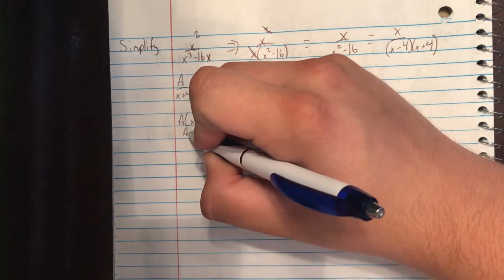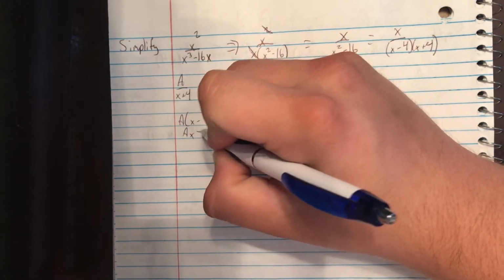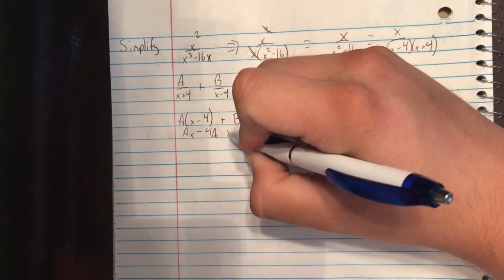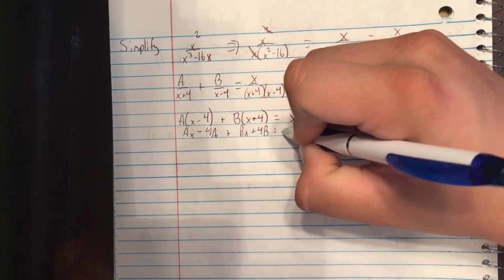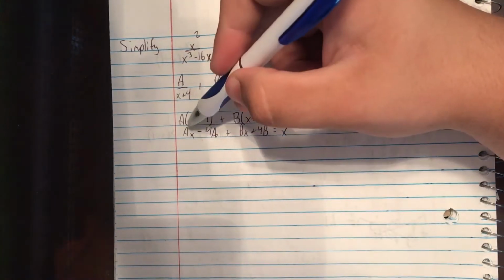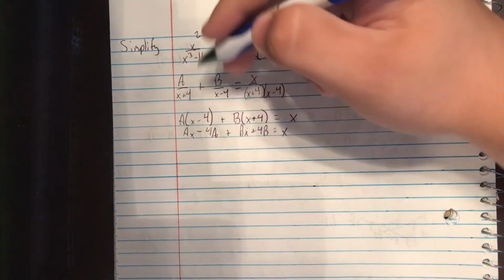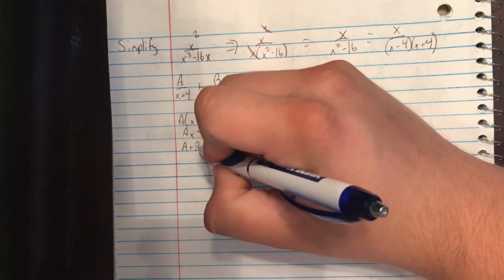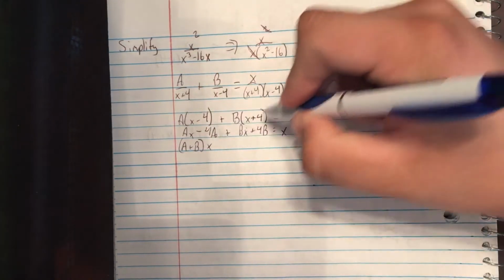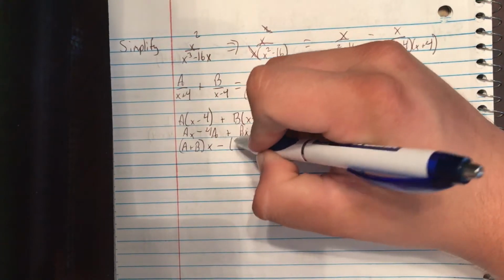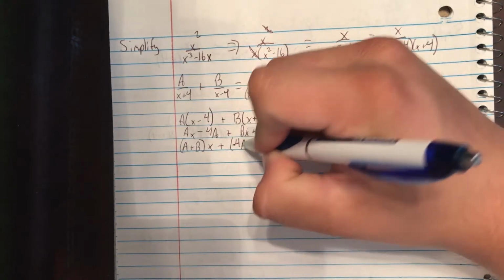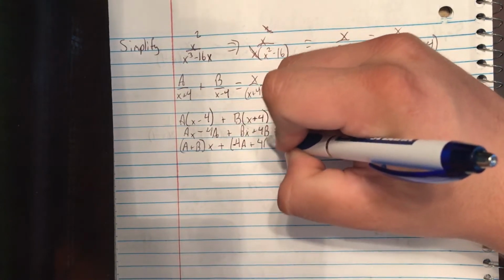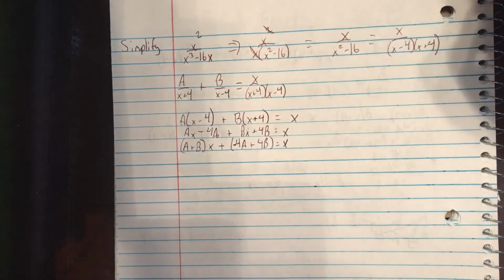We're going to multiply this through, so we have ax minus 4a plus bx plus 4b is equal to x. We've got ax and we've got bx, so we're going to just combine them. We're going to have a plus b times the quantity x, plus negative 4a plus 4b, and that is still equal to x.